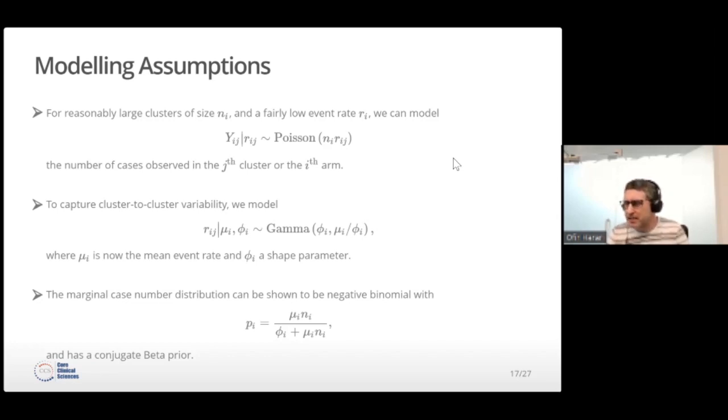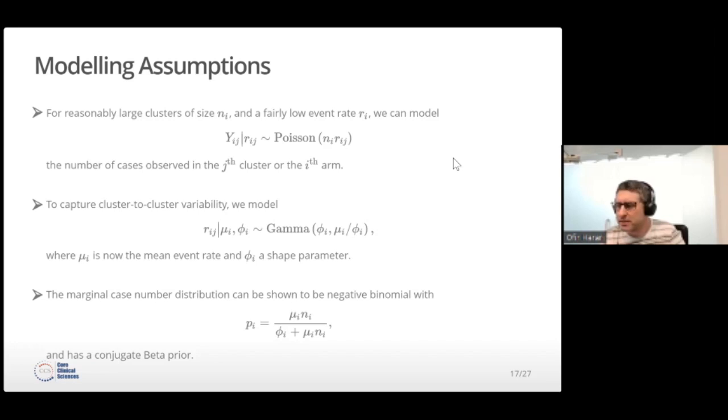And to capture the cluster-to-cluster variability, we model the event rates to follow a gamma distribution of a very specific form. The reason I'm doing that is that if you have a Poisson gamma mixture, then the marginal distribution, the marginal infection counts, if you will, can be shown to follow a negative binomial distribution.